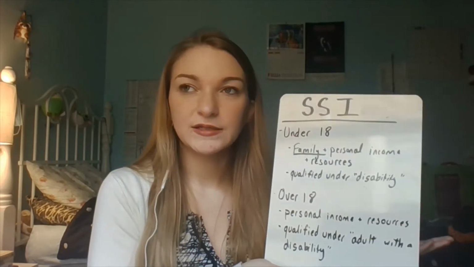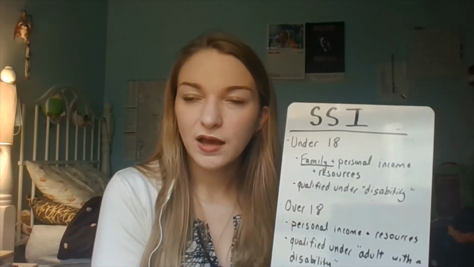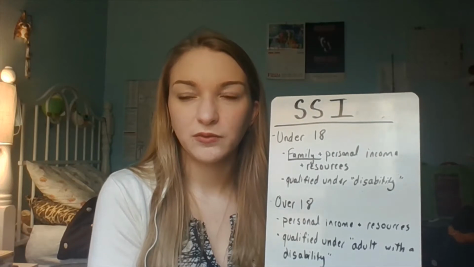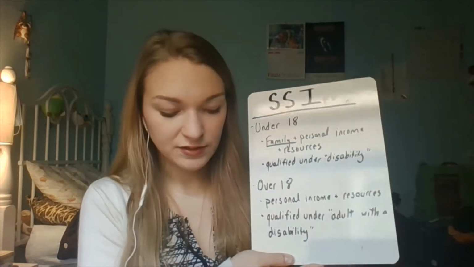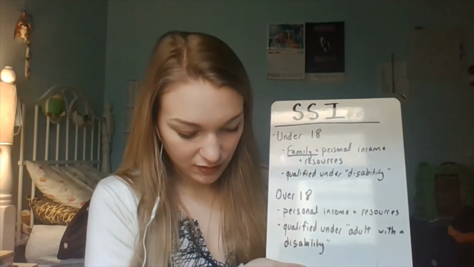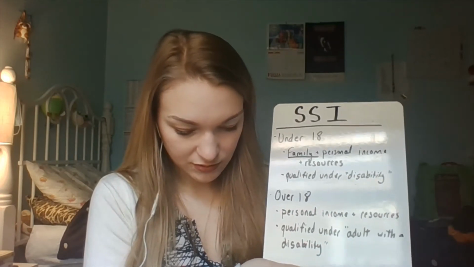So if you're someone who has income, like for example, if your child has income in some way, then that would be part of that limit. So currently, let me check the amount.